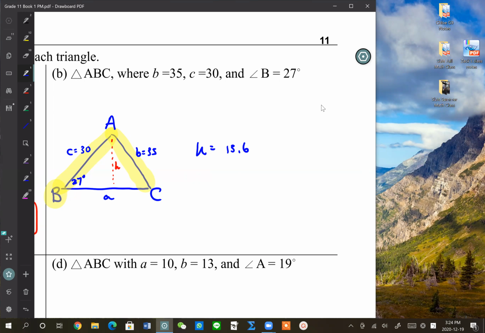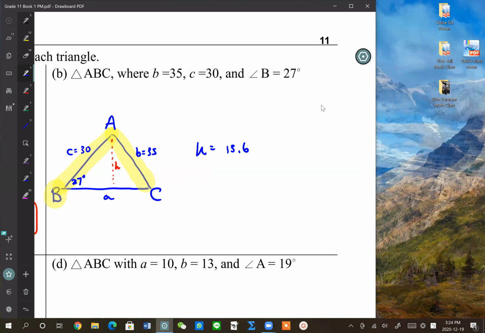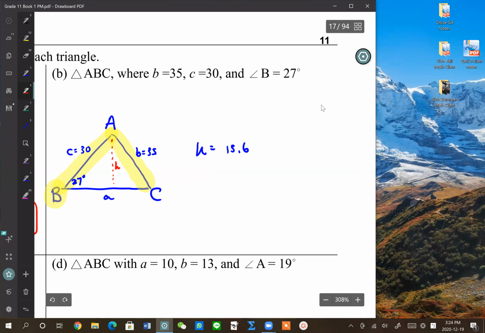Would it be case 4, because the door is bigger than the hypotenuse? Okay, so 35 is bigger than which one? 30. Yeah, 30. Very good. So this one is case 4.